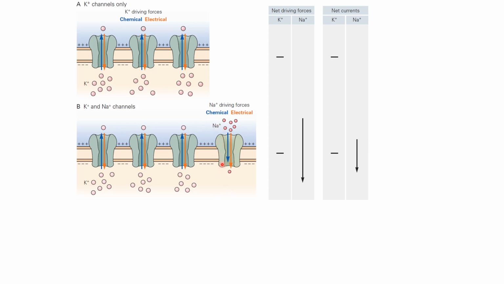So this blue arrow is pointing inwards. And the electrical gradient is also in the same direction, because inside is negative, -75 millivolts. So these positively charged sodium ions will be trying to move from outside to inside. So both the gradients, chemical and electrical, are in the same direction, and therefore there is a lot of driving force on sodium ions from outside to inside.